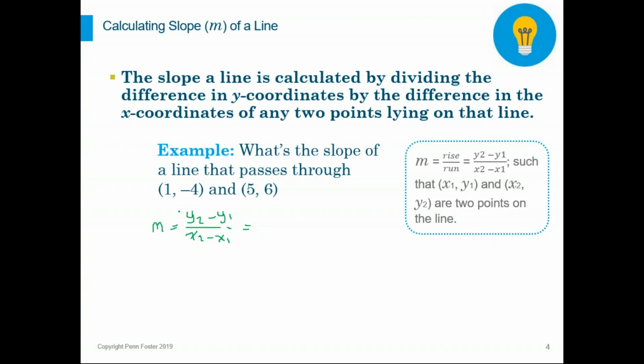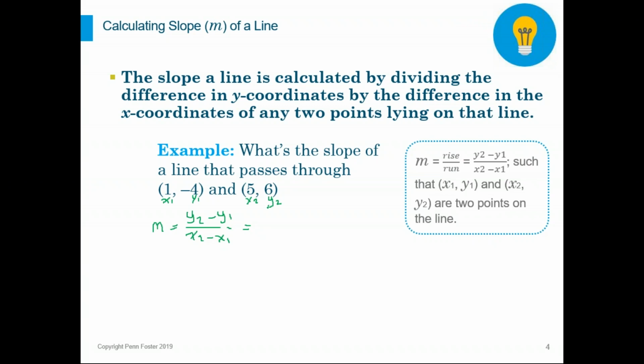So this is the first point, then label them x1 and y1. We know with an ordered pair that comes from the coordinate plane, the x coordinate appears first and then the y coordinate. Since this is the first point, I'm going to label that x1 and y1. The second point has an x2 and y2.